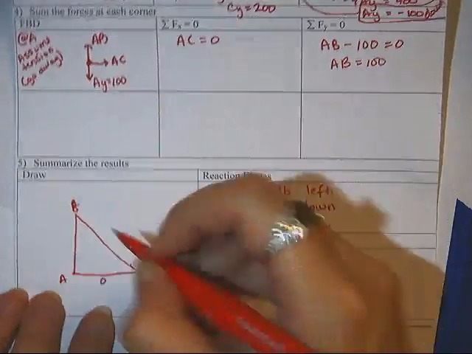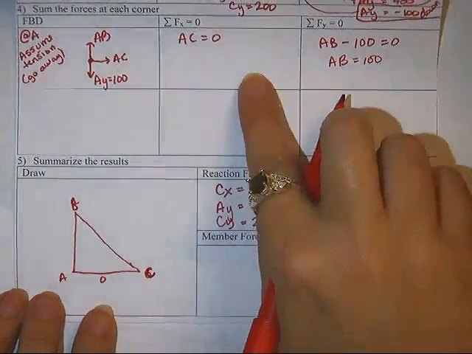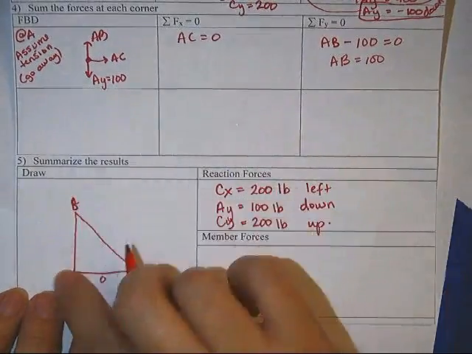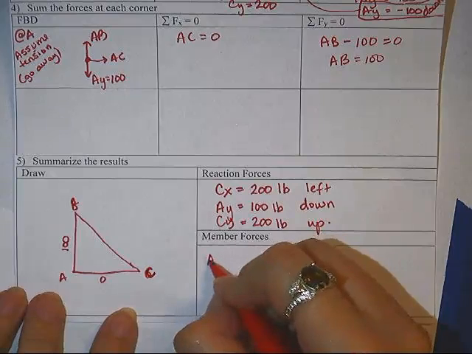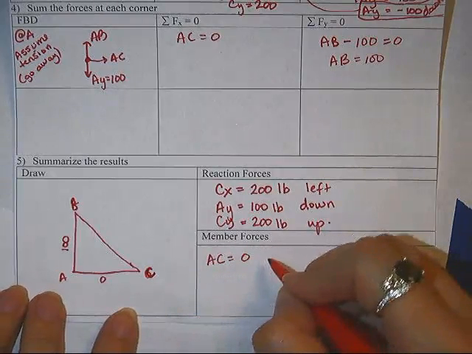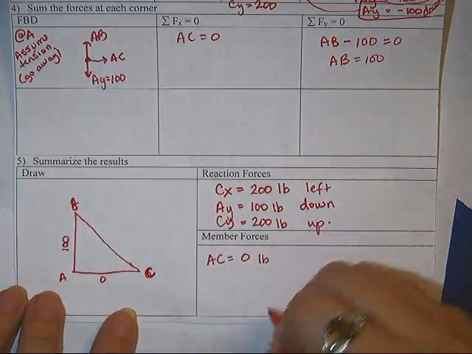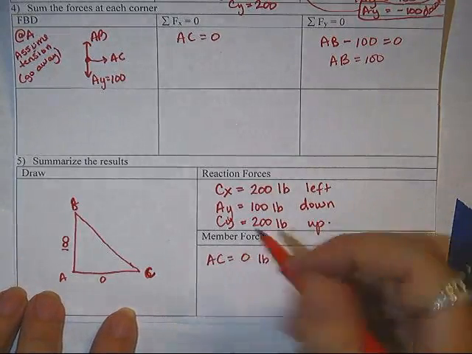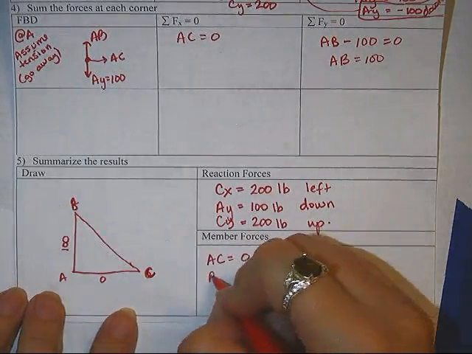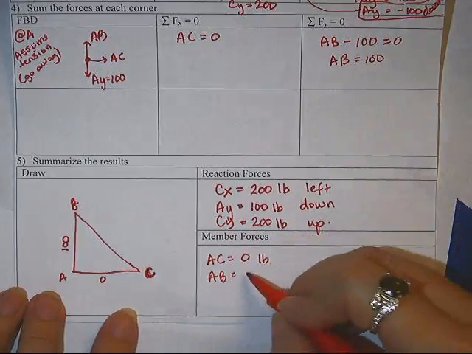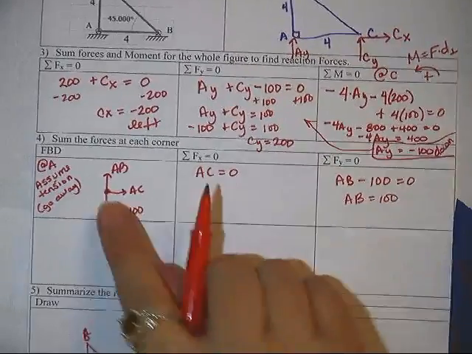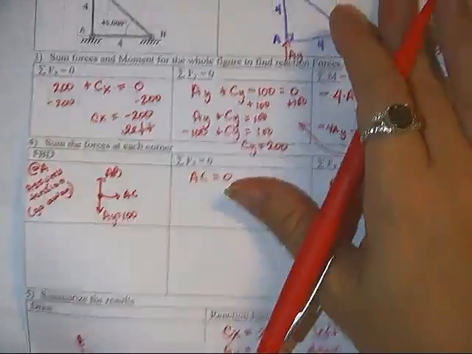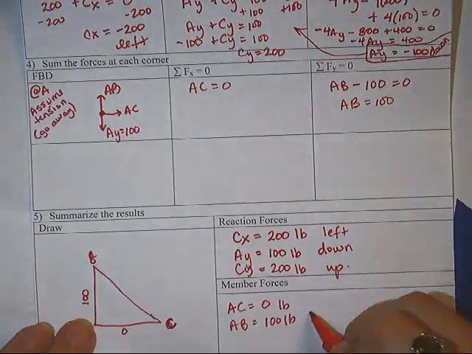This is B. I know this one has 0 in it because I found it right there. And I know AB, this one here, has 100 pounds force in it. So I'm going to write it over here, my member forces. AC equals 0 pounds force. So this really is not tension or compression. This one here, AB, is 100 pounds. And because we got a positive 100 here, we know it is in fact in tension.